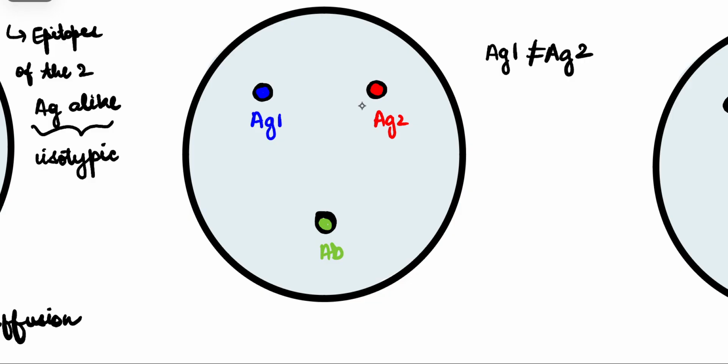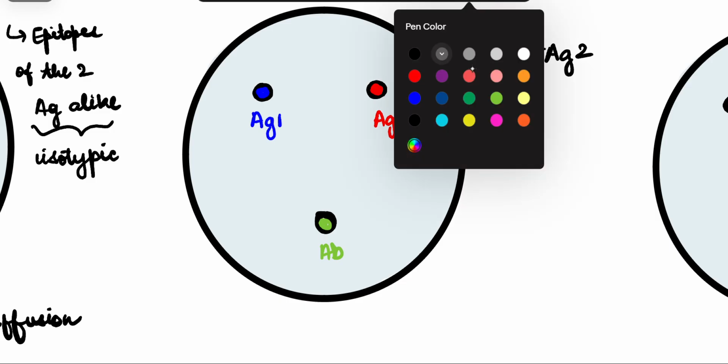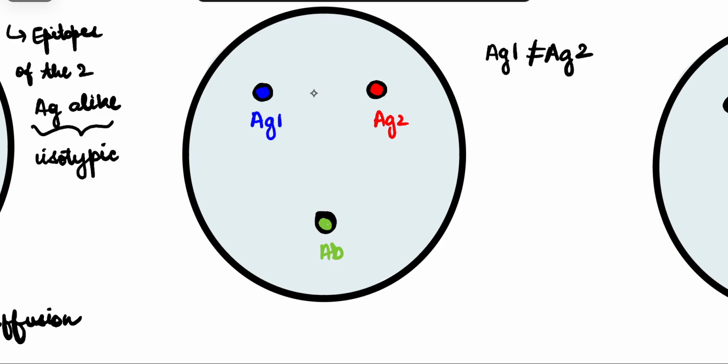Now again the same thing starts happening. Antigen 1 will start to diffuse, antigen 2 will start to diffuse, and antibodies will also start to diffuse in the agar. But this time the kind of curve which we get is very surprising. We get this shape of curve, that is the X shape of curve.